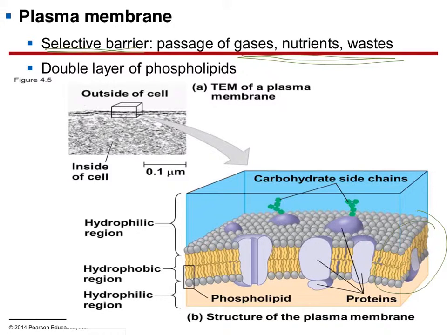Maybe they need a transport channel to get through, or maybe a hormone needs to come along and open up a gate. But the fact that the plasma membrane selects what can and can't get across, we call it a selective barrier. It is a double layer of phospholipids.